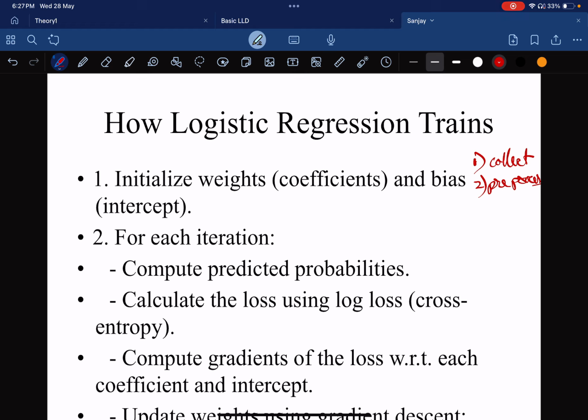We will remove the missing rows, or we will fill the missing values. And third one is training. We will train the model, test the model, and predict, and then do model evaluation.